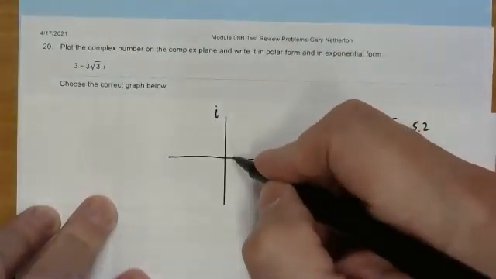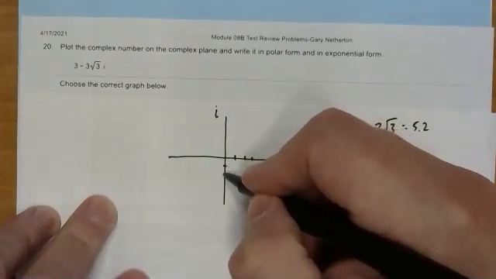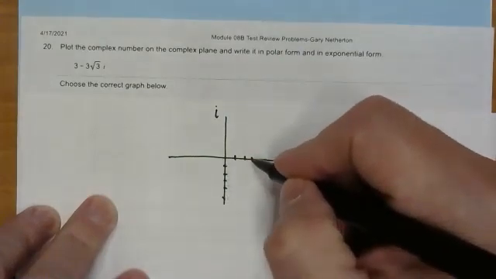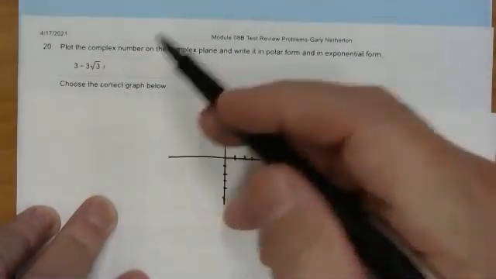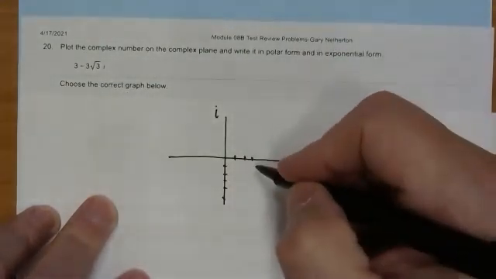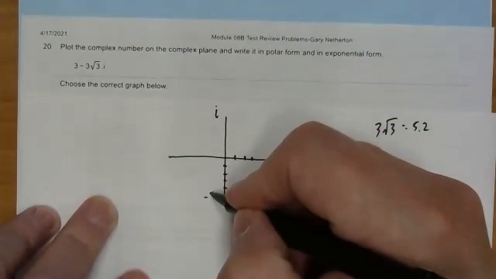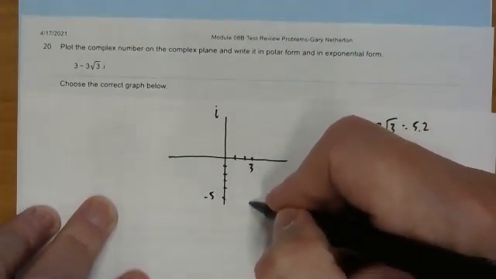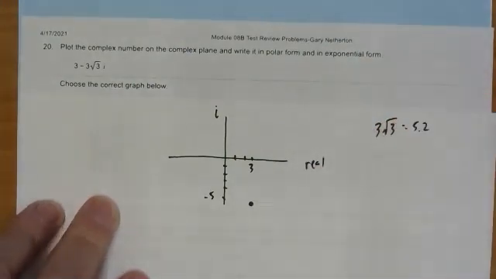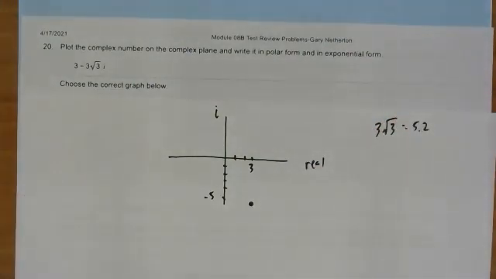So I'm going to go 3 on the real axis, the x, then -5.2. So that point should be right there.